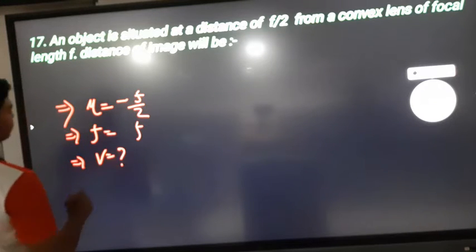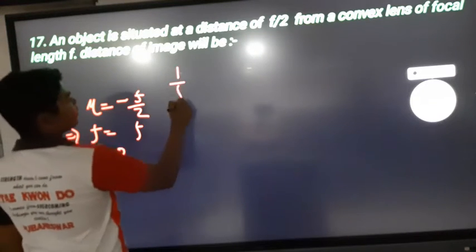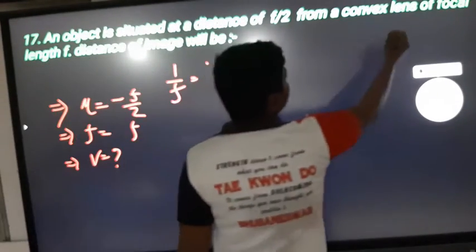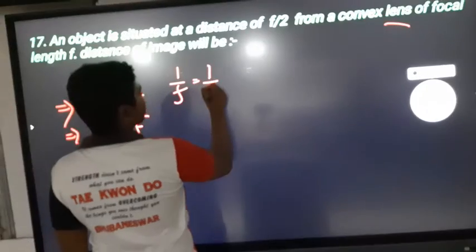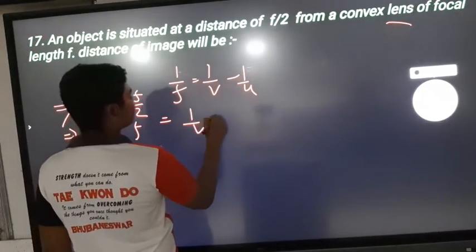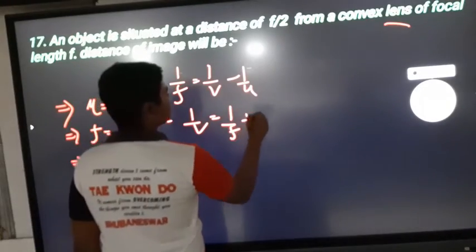So what is v? We know the formula, but here a lens is given, so we'll take 1 by f equals 1 by v minus 1 by u. After that we get 1 by v equals 1 by f plus 1 by u.